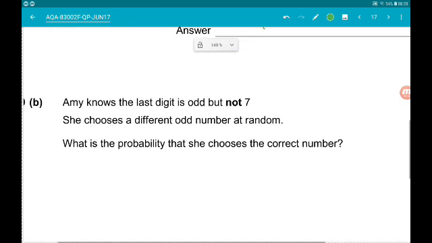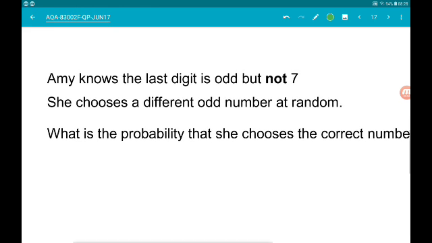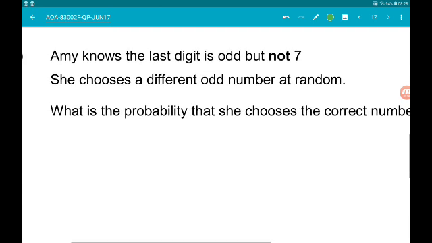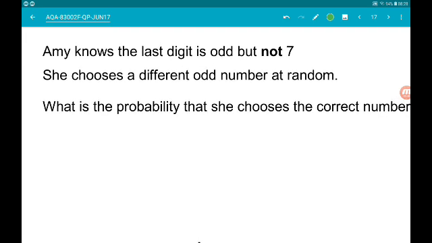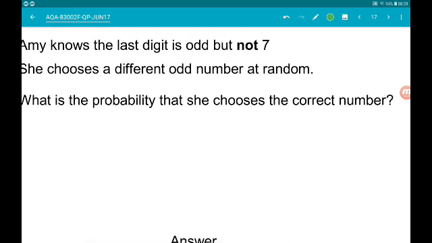Part B. Amy knows the last digit is odd, but not 7. She chooses a different odd number at random. What is the probability that she chooses the correct number?